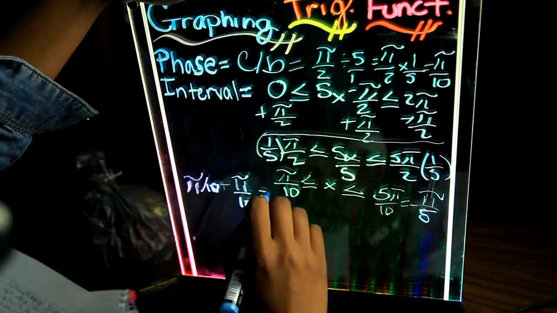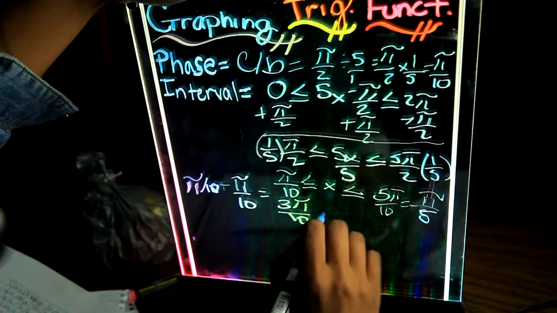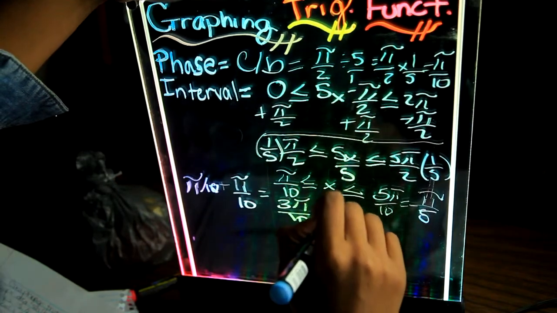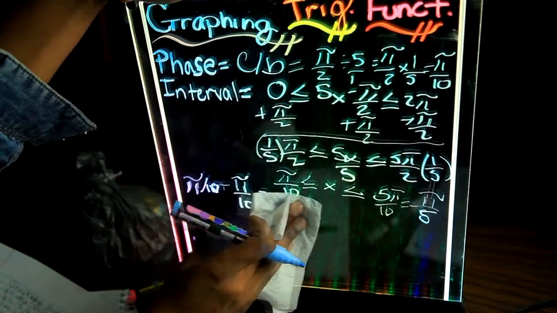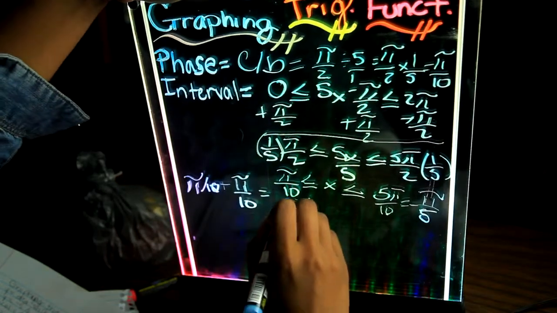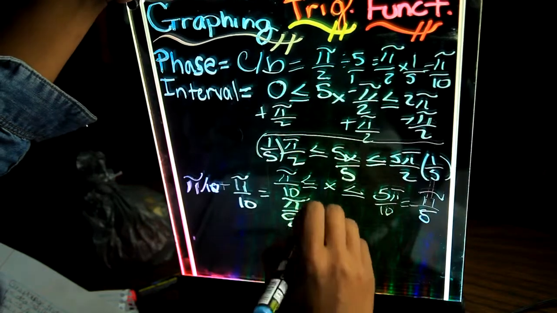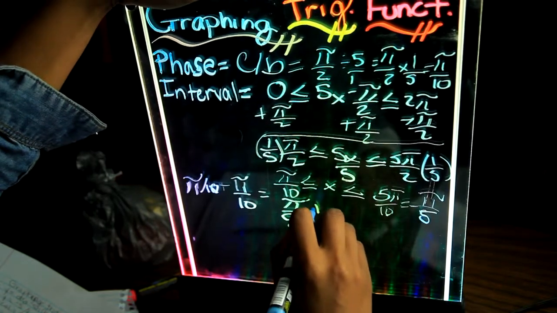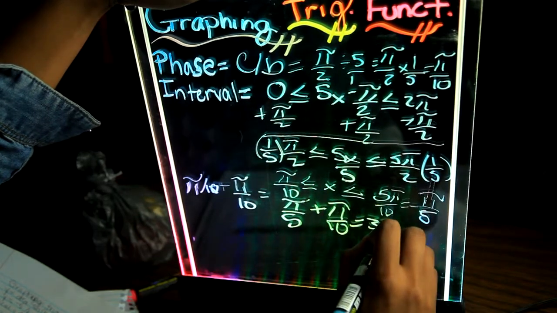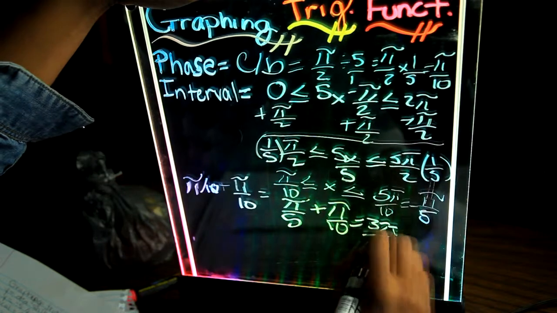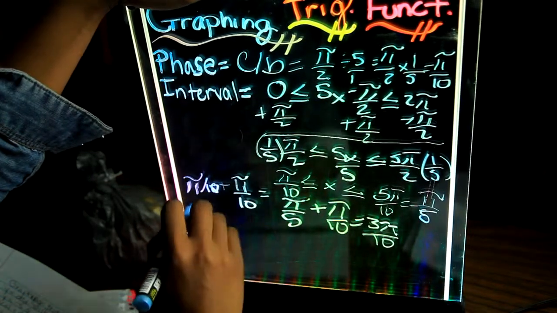And we get 2 pi over 10, or pi over 5. And then we add pi over 10 again, and we get 3 pi over 10. And we're going to keep going until we have 5 critical points.